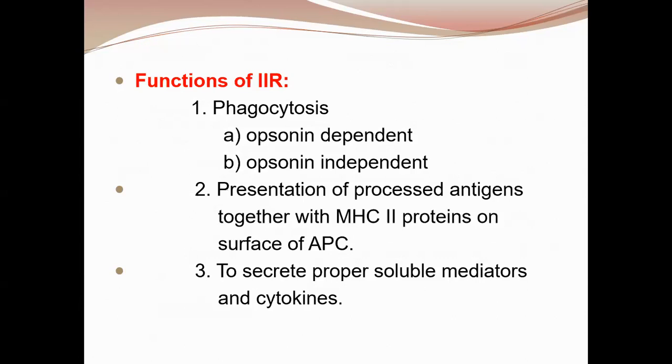That means the second and foremost function of innate immune response is the presentation of processed antigens together with the major histocompatibility proteins 2 on the surface of antigen presenting cell or the accessory cell. Then number three, to secrete proper soluble mediators and to produce cytokines is the major function.